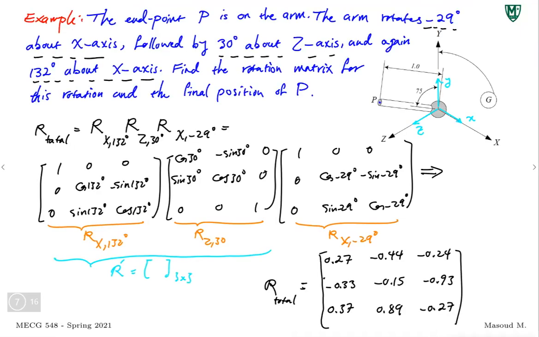I need to know this one. I already know this to be able to find this one. Right? Now, what is this? Looking at this arm, one thing might not be very obvious in this three-dimensional coordinate system, or at least from the figure: the arm is in the ZY plane, right?